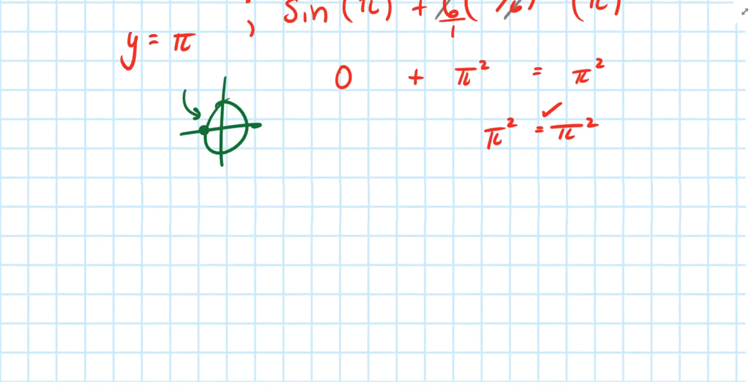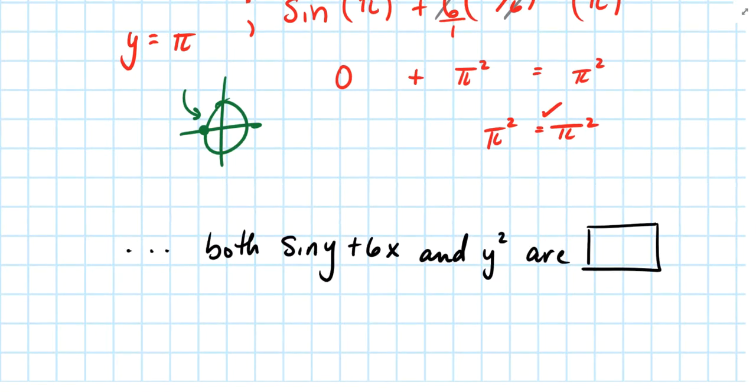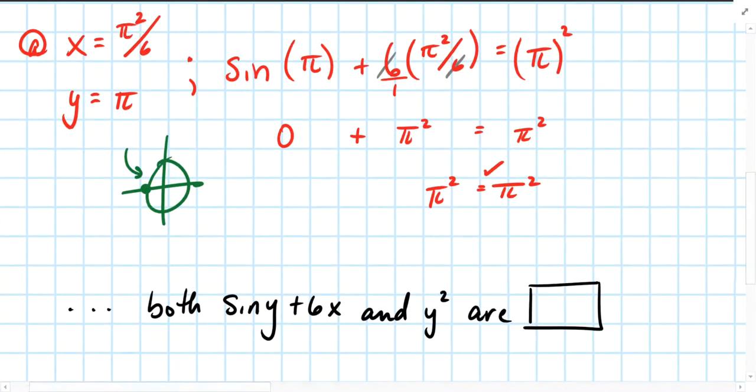And the question wording in part A looks something like this. The site says when x is equal to pi squared over 6 and y is equal to pi, both sine y plus 6x and y squared are blank.